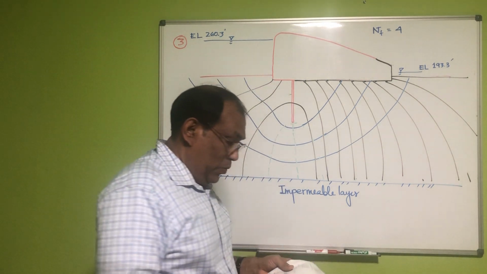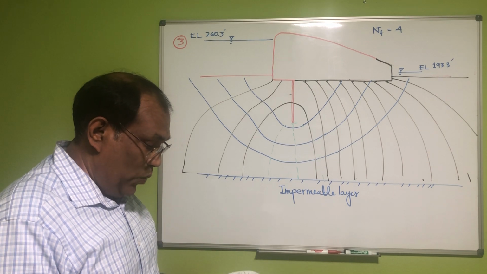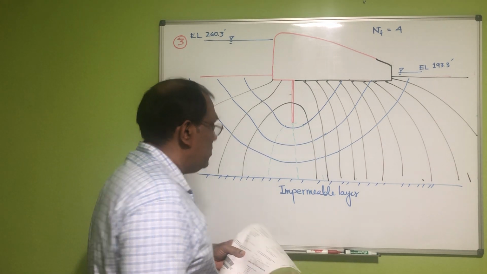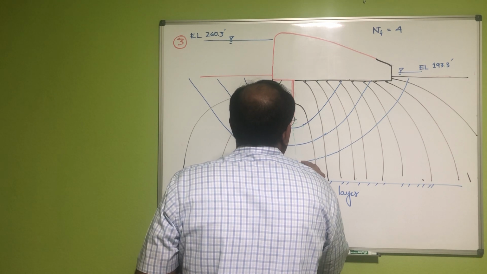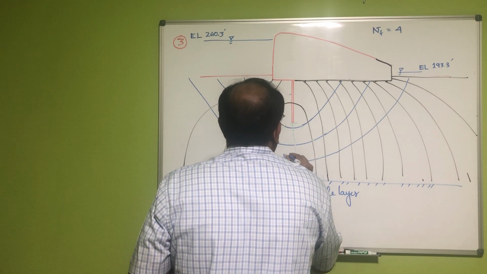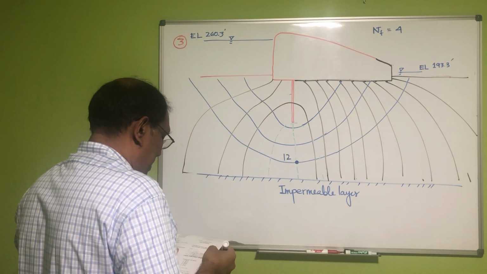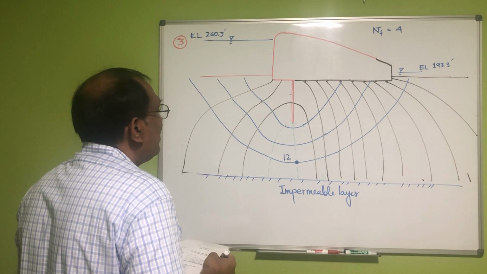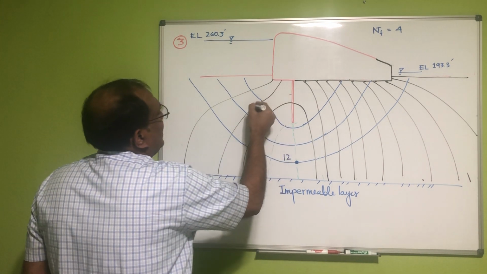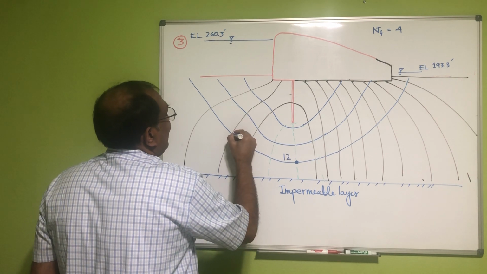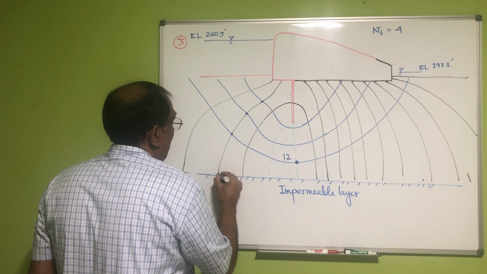So what they are trying to say is the head at point 12. Point 12 is basically here. These are called equipotential lines, meaning the head here, here, here, and here is the same.